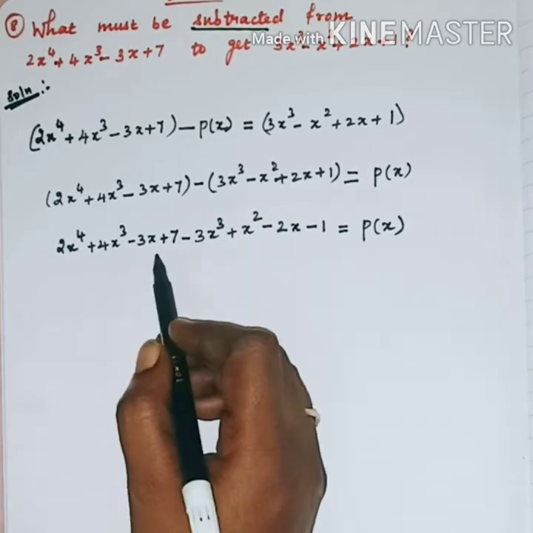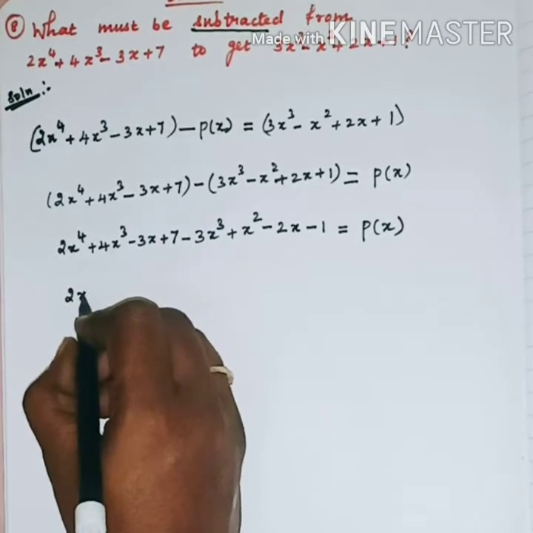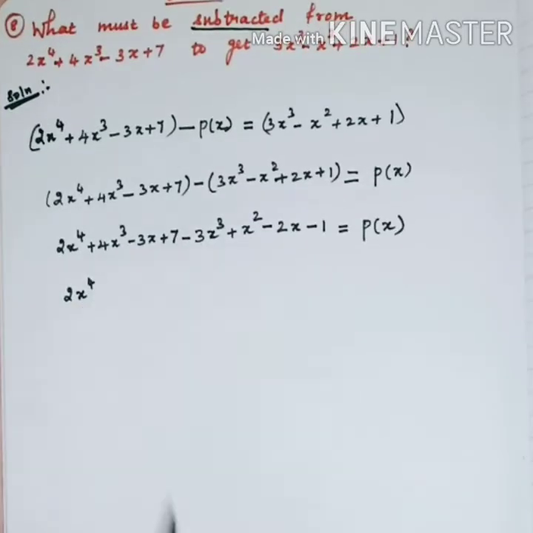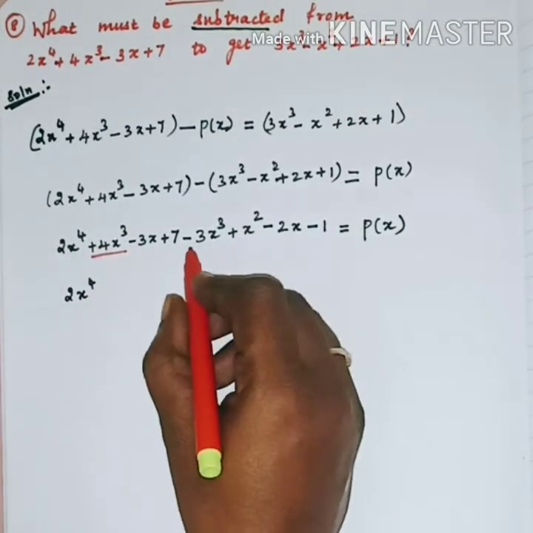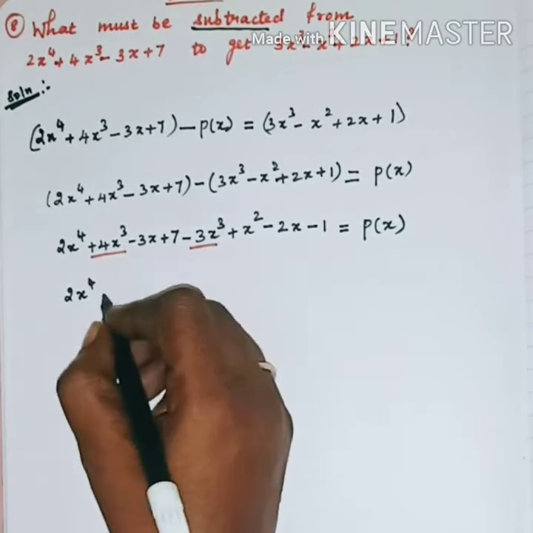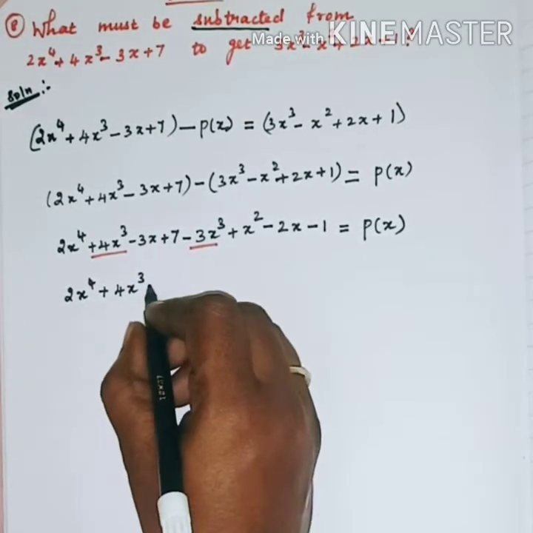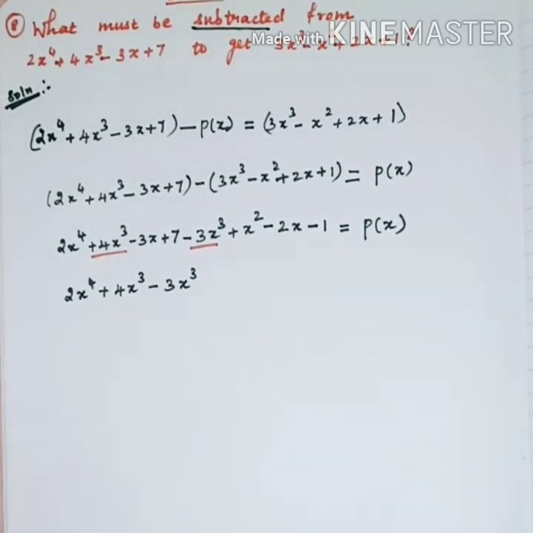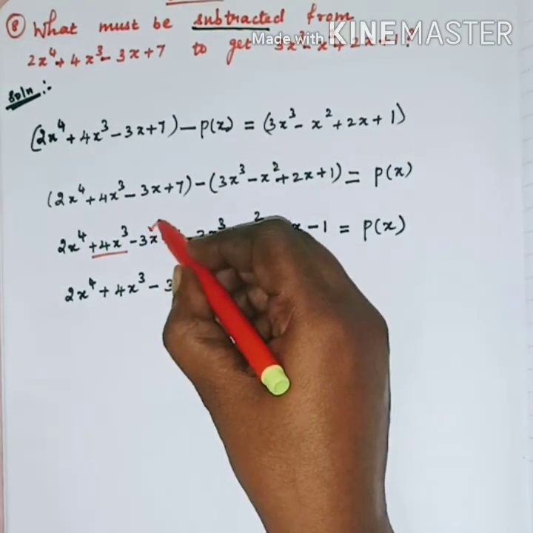No other x power 4 terms here. So write this 2x power 4 as it is, and then x cube terms. We have 2 x cube terms in this expression, that is plus 4x cube and minus 3x cube. So combine these two terms together, plus 4x cube and minus 3x cube.